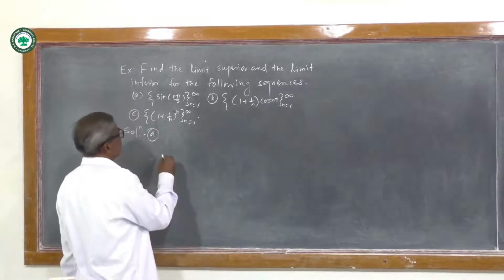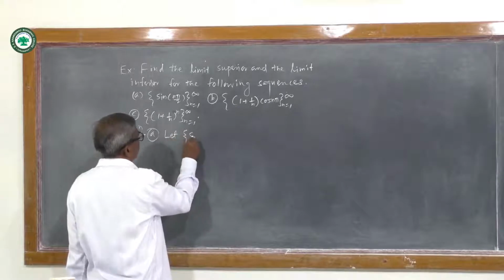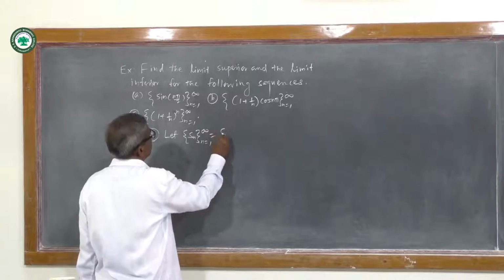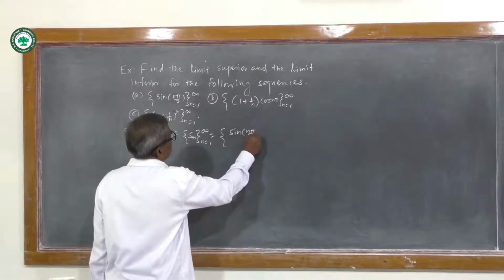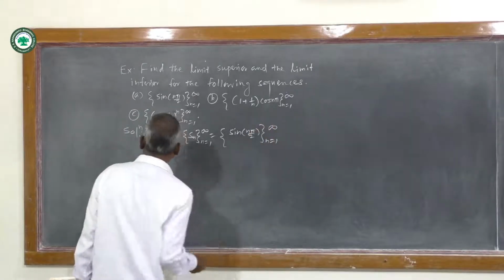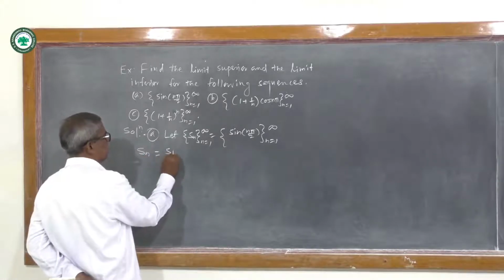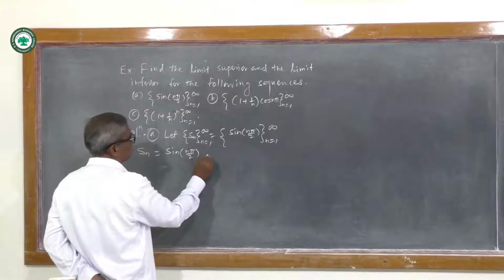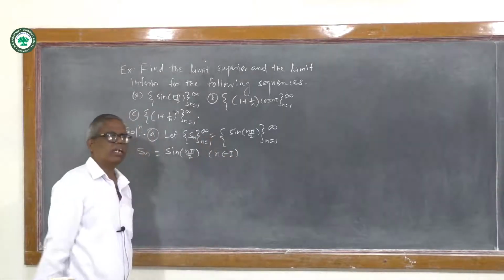Let the sequence Sn, n is equal to 1 to infinity, be Sn is equal to sin n pi upon 2. This sequence can be written as Sn is equal to sin n pi upon 2 for every positive integer n.